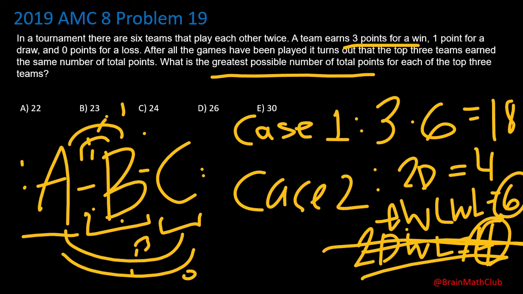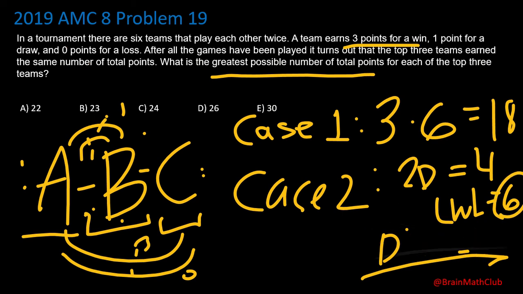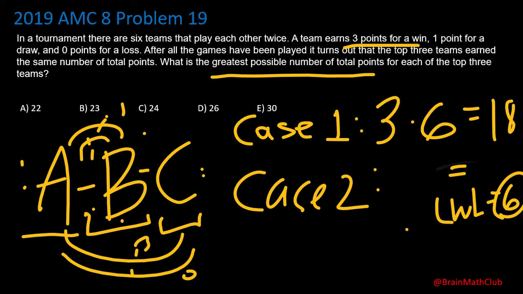So the case that I'm going to take is win-loss, because that gives you the most points. Now, why did I build symmetry once again? To make sure all teams got the greatest number. I'm going to show you how.